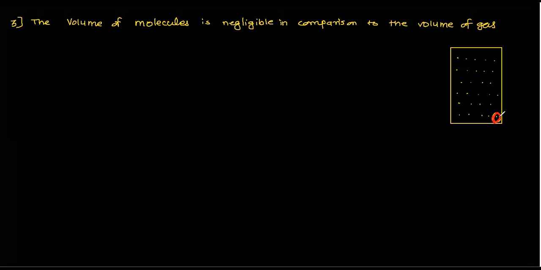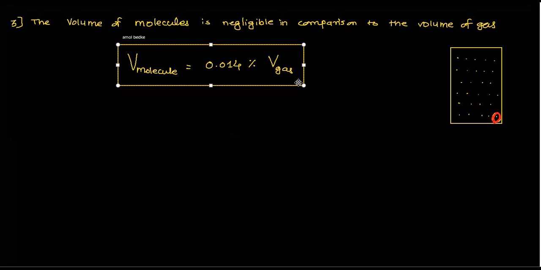This molecule's volume is very negligible as compared with this complete volume. That is the meaning of this third assumption. And here they have given that the volume of a molecule is 0.014% of the volume of gas. That's why we say molecule volume is negligible as compared with gas volume.